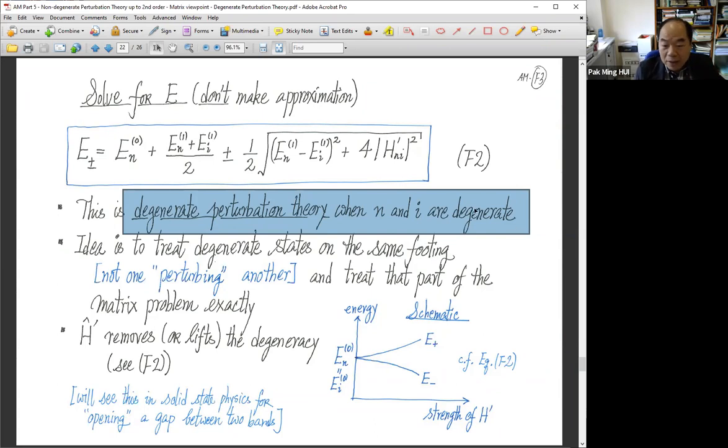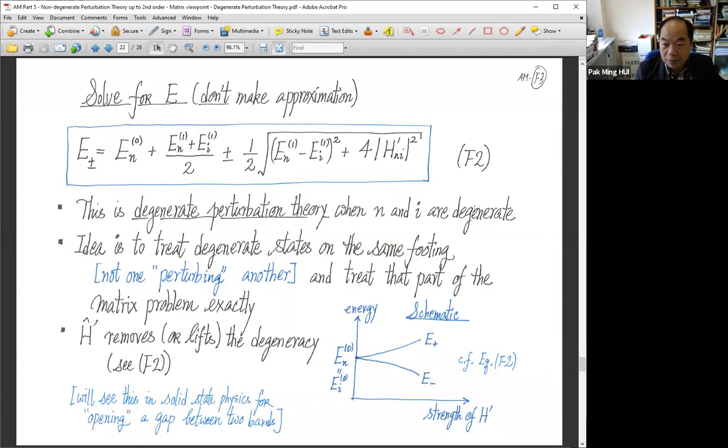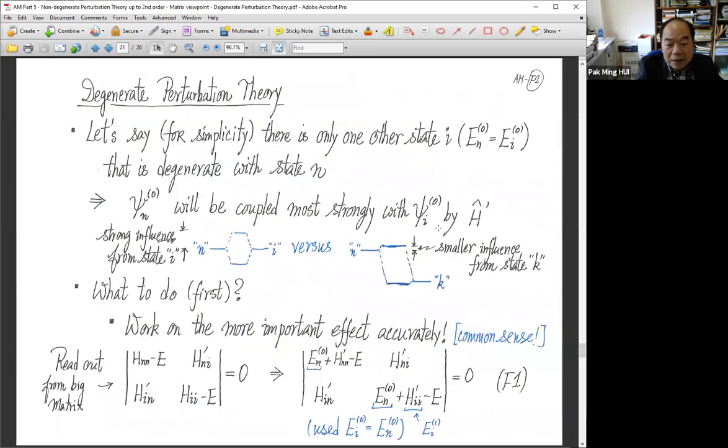Now let's look at some physical effect. Usually, you apply something, H prime, to the system that has degenerate states. That is to say, without this, they are the same. Okay? Now, you apply the perturbation, what happens?